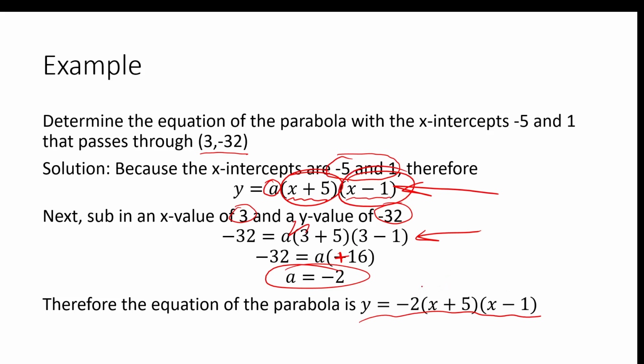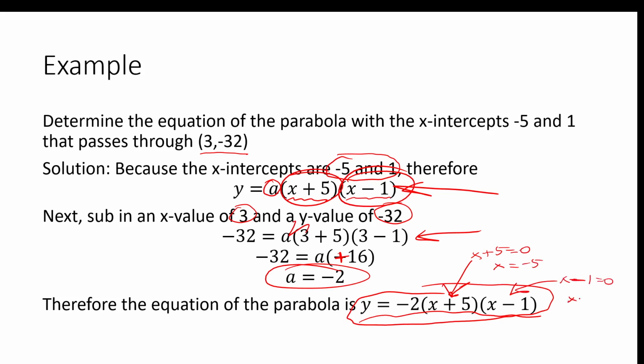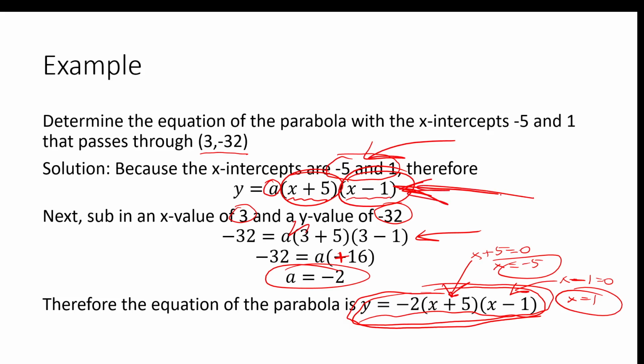If we said to you that we had this equation here and we wanted to know the intercepts of it, you would say, well, x plus 5 could equal 0, meaning that x was equal to -5, and x minus 1 could equal 0, meaning that x was equal to +1. So if we gave you it in factored form, you would instinctively know to change the signs, and you'd have your intercepts. Similarly, if we give you the intercepts, we want you to instinctively change the signs when you put it into factored form. Okay, and that's why we do that.